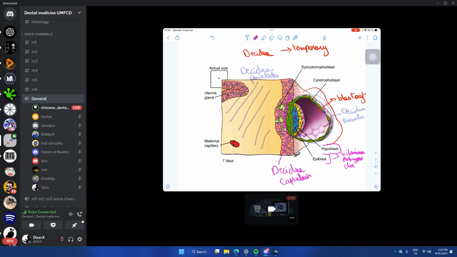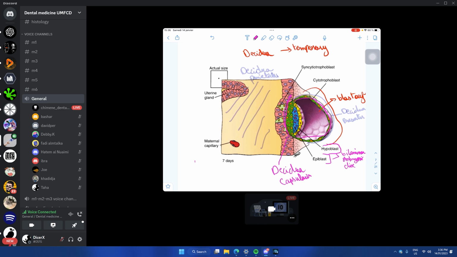Second of all, before I start talking about the syncytiotrophoblast and the cytotrophoblast, by the end of day 8, the trophoblast, the most outer layer of the blastocyst, will become two types.